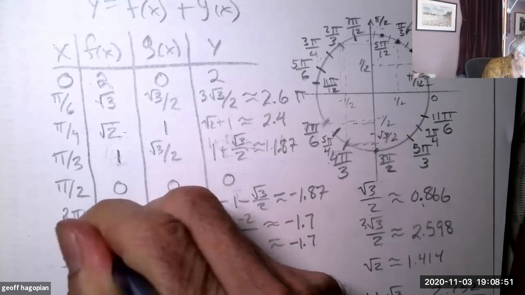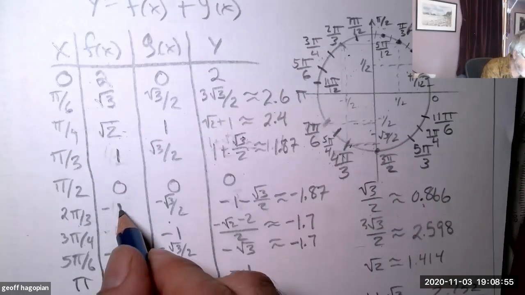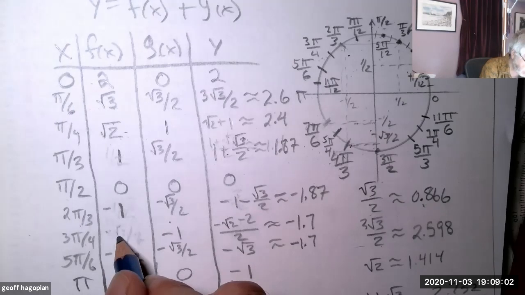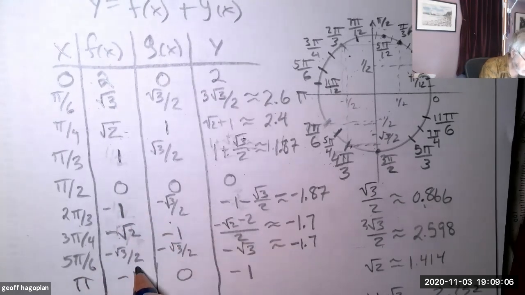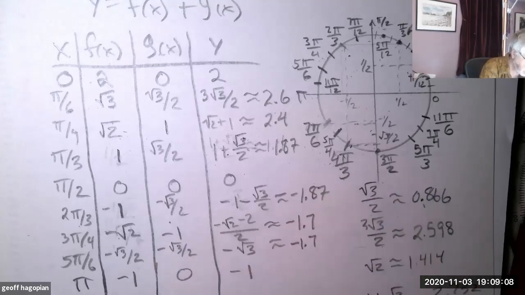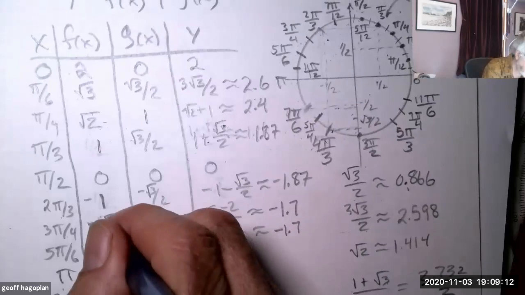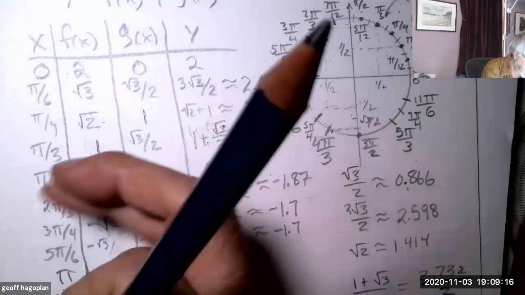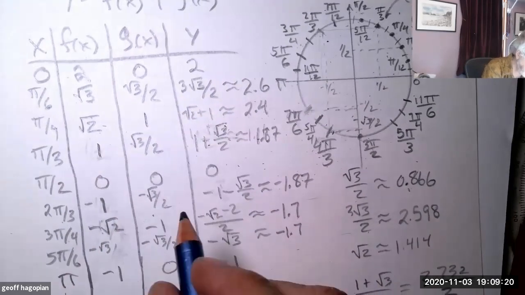So this should be twice negative 1/2, which is negative 1. Twice negative square root of 2 over 2 is negative square root of 2. And twice negative square root of 3 over 2, right? Because f of x has this factor of 2, which I somehow was forgetting about here. And then at pi, cosine of pi is -1, so twice that is going to be -2.